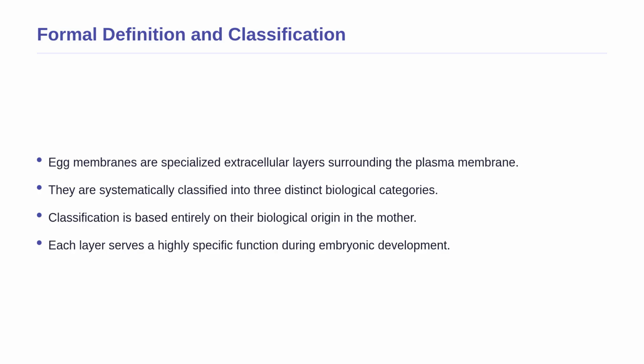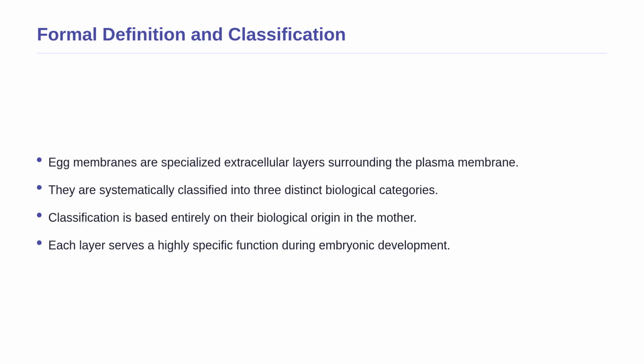Building on our castle analogy, let us look at the formal biological definition. In developmental biology, egg membranes are defined as the specialized extracellular layers that surround the plasma membrane of an oocyte or ovum. Scientists systematically classify these envelopes into three distinct categories: primary, secondary, and tertiary membranes.